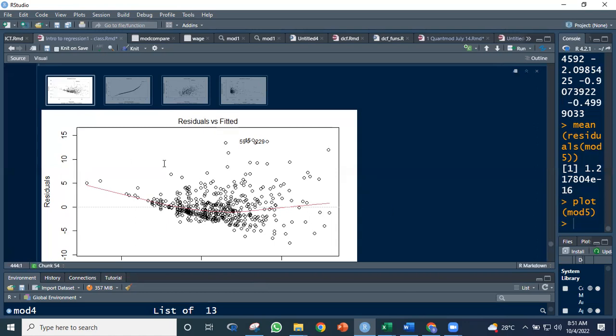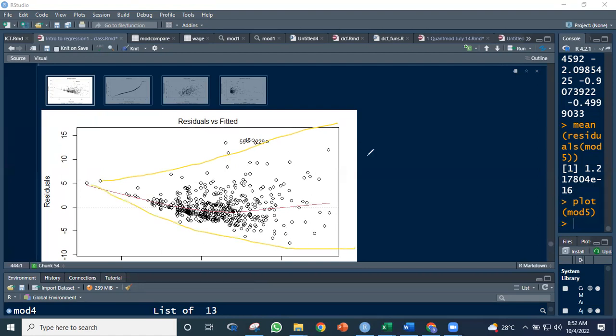The first plot is the residuals versus fitted. It already gives us also an indication of linearity, and this one also tells us kung heteroscedastic yung distribution ng error terms natin. In fact, dito makikita na natin na medyo heteroscedastic to, kasi take a look at this, may fanning out.